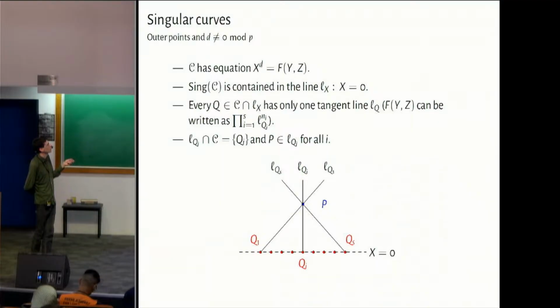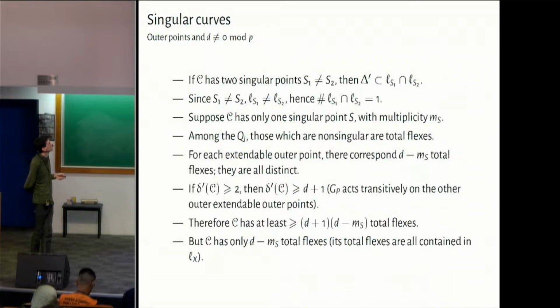The blue point here is the Galois point, and these red dots here are the points of the curve lying on the line x equals 0. So if the curve had two distinct singular points, then the set of outer Galois points, extendable outer Galois points, must be contained in their intersection.